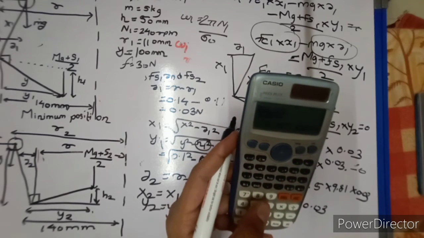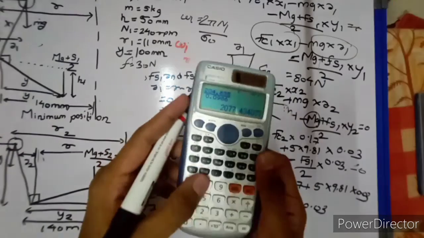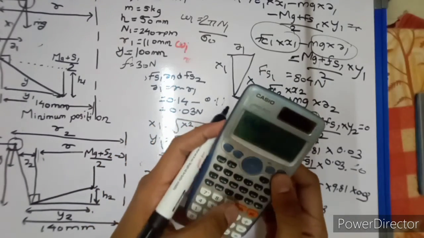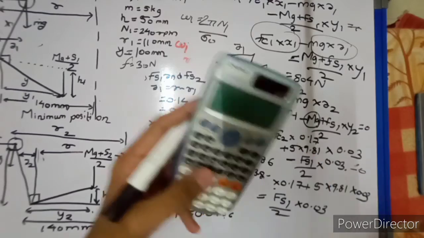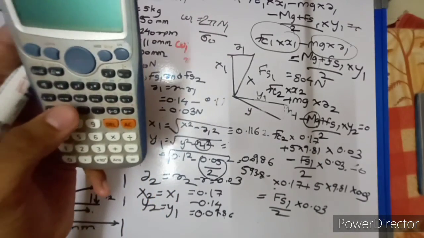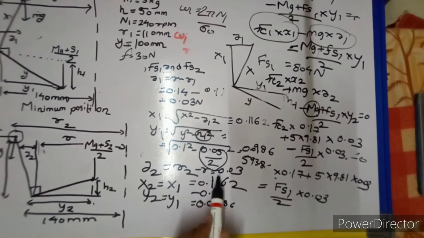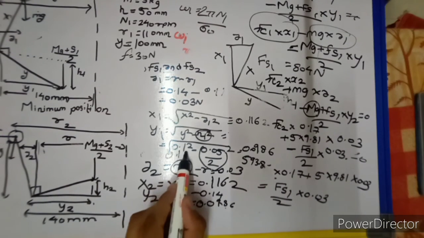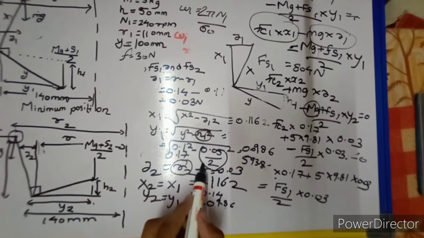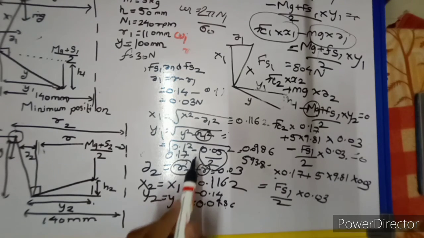2077. It's 2. This is also 1162. Oh, see, R2 is 0.17 and R is 0.14.